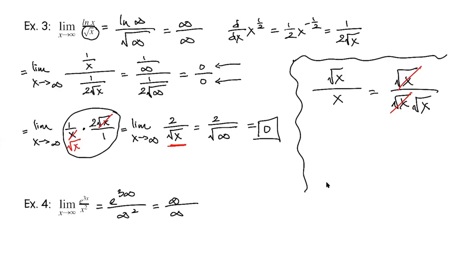Wait, what do you mean? So if you simplify the 1 over x over the 1 over 2 root x, you would get 2 root x over x. And then if you plug in the infinities into that, you would get infinity over infinity, right? Which tells you to use L'Hopital's again. Could you do that, or would you rather leave it in that complex fraction? I would see if you can reduce things first.